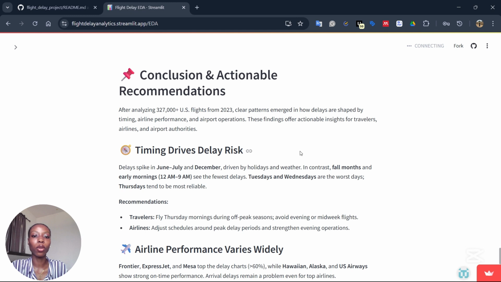So moving on to the conclusion and actionable recommendations. After analyzing over 327,000 US flights of 2023, clear patterns emerged in how delays are shaped by timing, airline performance, and airport operations. These findings offer actionable insights for travelers, airlines, and airport authorities.